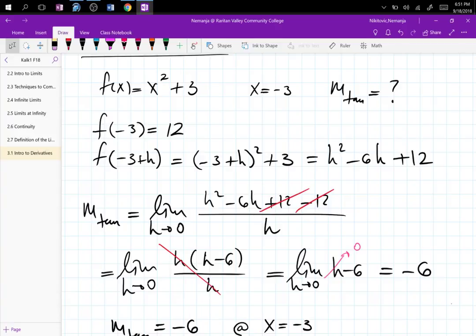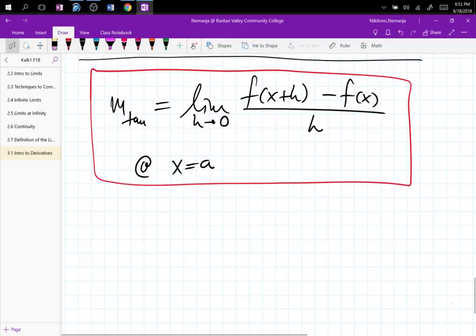So the functions change. The order of the function is the same, you get a second order polynomial, but the two functions are vastly different, right? It was h squared minus 10h plus 28, and now you have h squared minus 6h plus 12. So that's different.